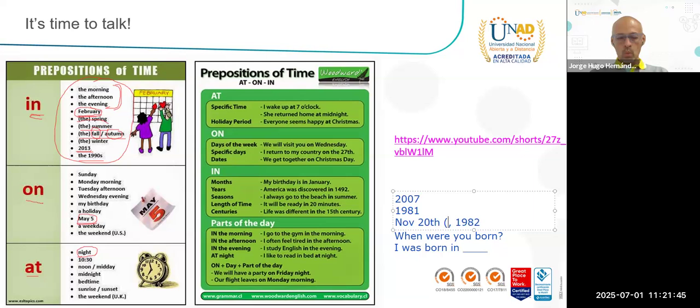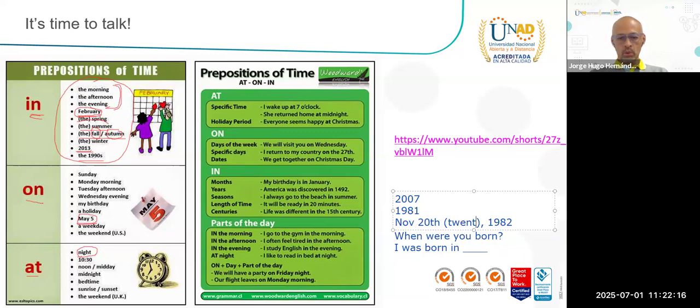When I write the TH is 20, only 20 is like this without TH. But if we are talking about the days, we have to add TH.